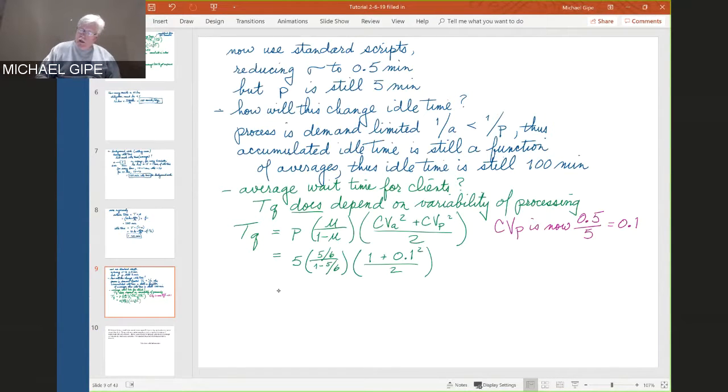So the answer from the calculator is 12.83. And so the total wait time for the customer is going to be that plus the processing time on average, and that's going to be 17.63.